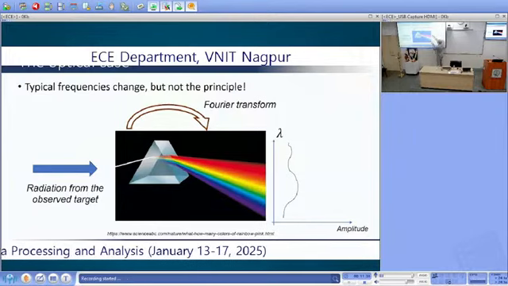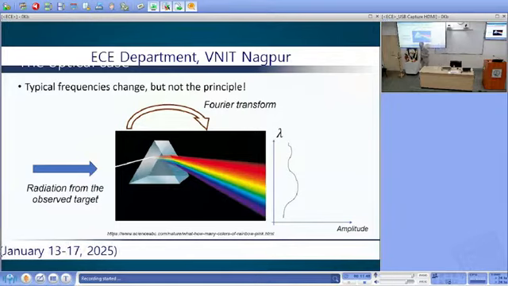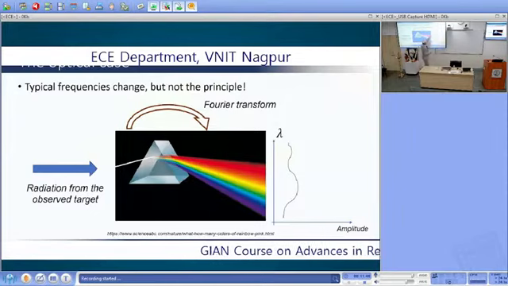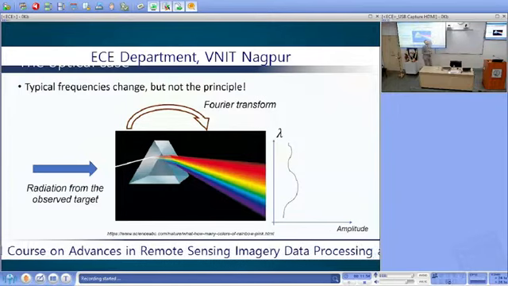You can decide that you take large chunks of these spectral intervals, and that's called multispectral remote sensing. Or you can move on to the next step, which is take very small intervals, so that you can represent the reflectance curve more accurately, and that's called hyperspectral remote sensing.